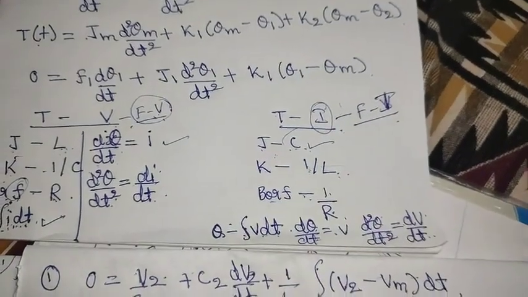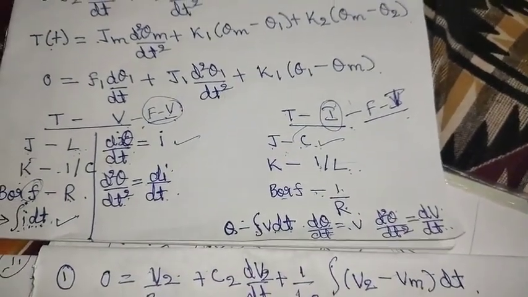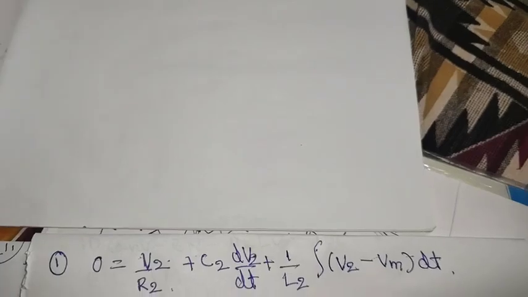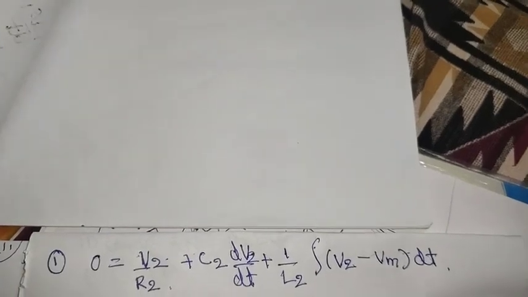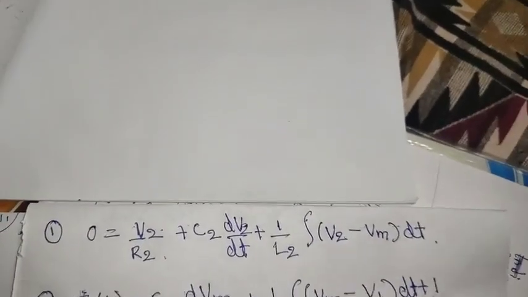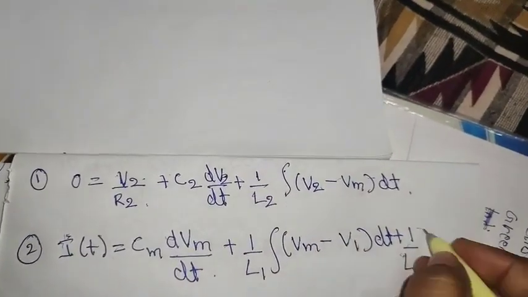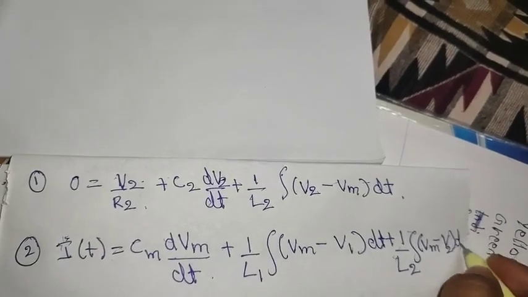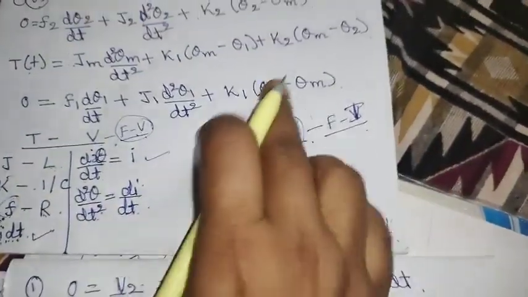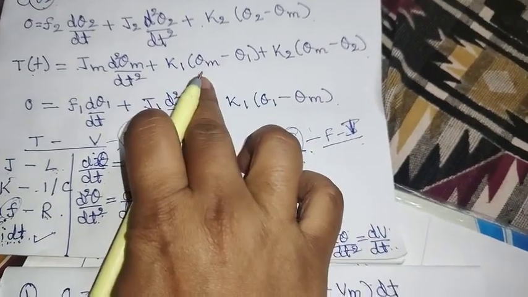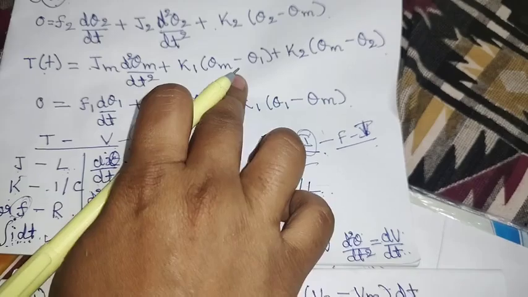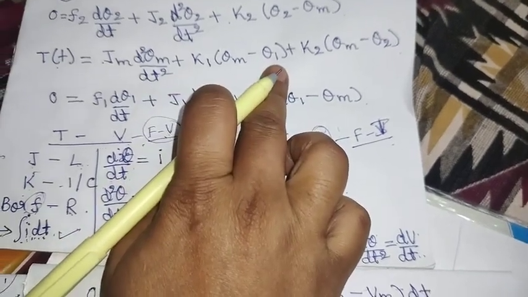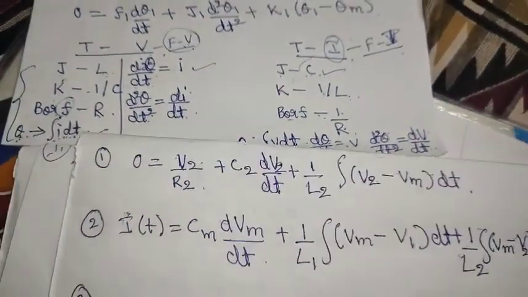K1 is replaced by inductance, 1 by L1 integration of (Vm minus V1) dt, plus 1 by L2 integration of (Vm minus V2) dt. So this was there in the question, that is K2 and K1 is replaced by inductance, theta m is replaced by Vm, theta 1 is replaced by V1. Similarly this also we have replaced.